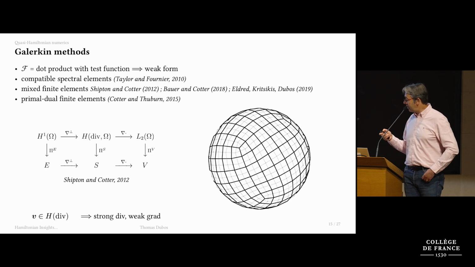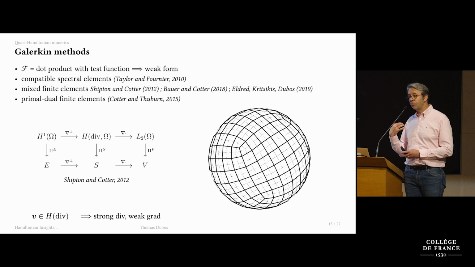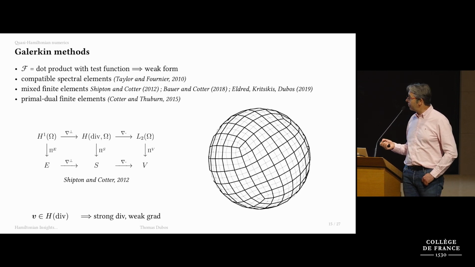In a finite element setting, the equations of motion follow directly from the bracket as soon as you take for your function f basically a dot product with some test function. So you get immediately the weak form. So the problem is rather to choose your function spaces wisely. People have explored various possibilities with spectral elements, mixed finite elements, and even so-called primal-dual finite elements. Usually the game is to find some elements for scalars, which will be used as stream functions.